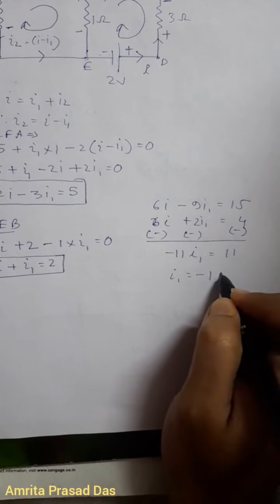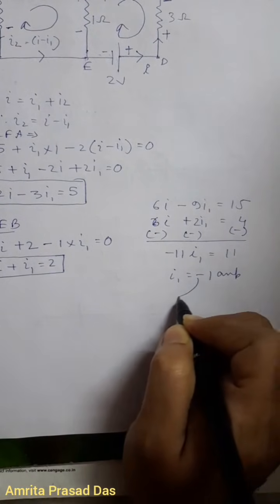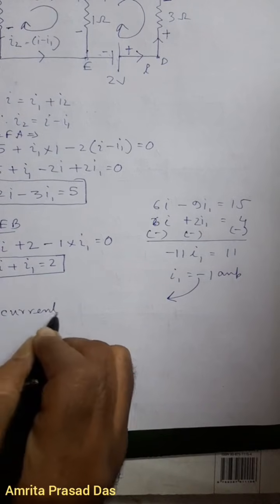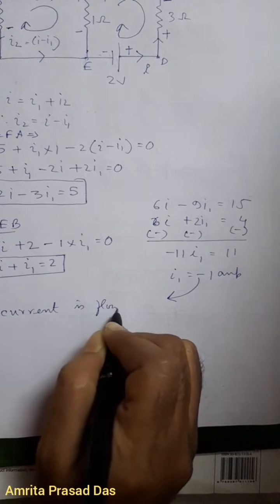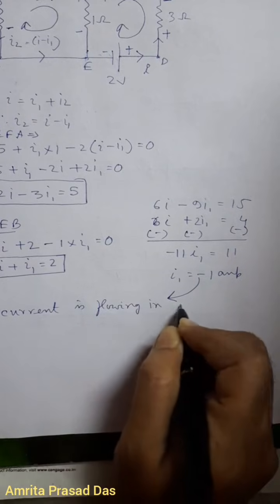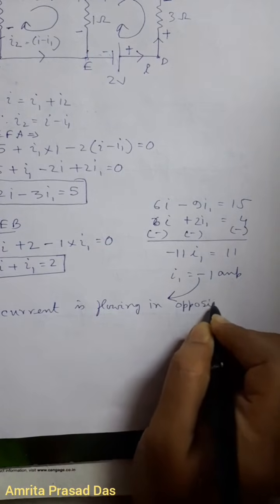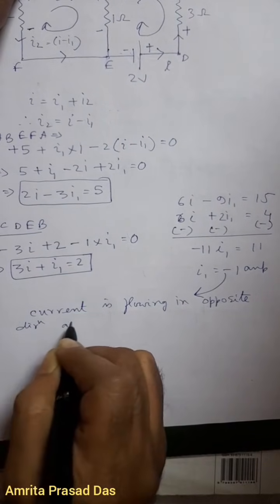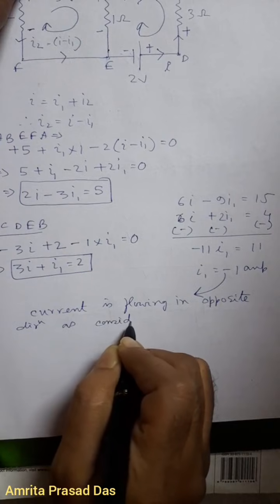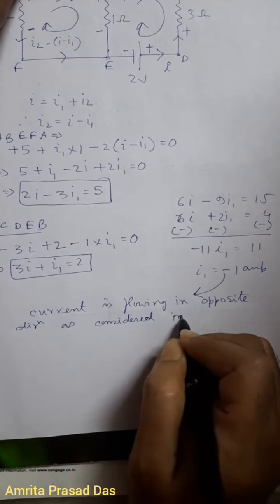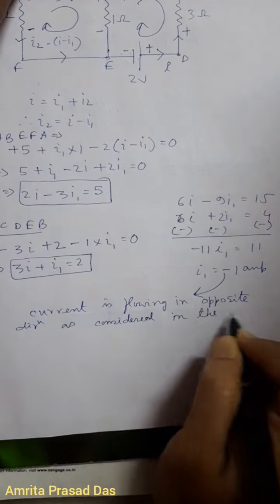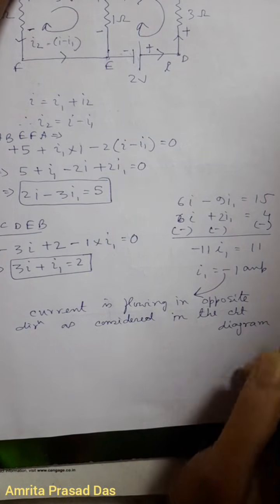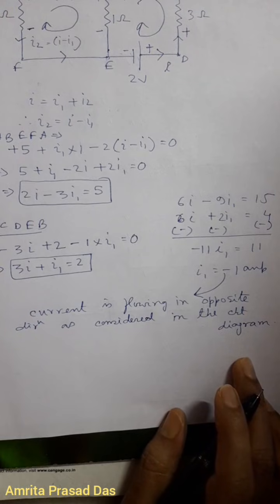Now minus 1 ampere, this minus sign indicates that current is flowing in the opposite direction as considered in the circuit diagram.